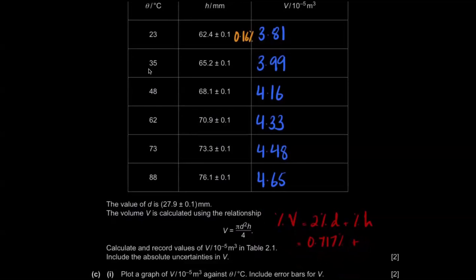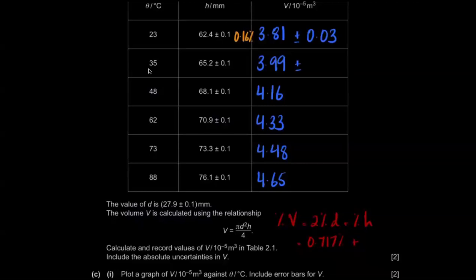I'm doing this all on my calculator. So 0.16 plus 0.717, and I take this percentage of 3.81. So this turns out to be 0.033. If I look at the number of significant figures here, 0.033, this would be 0.03, right? 1 SF absolute uncertainty.